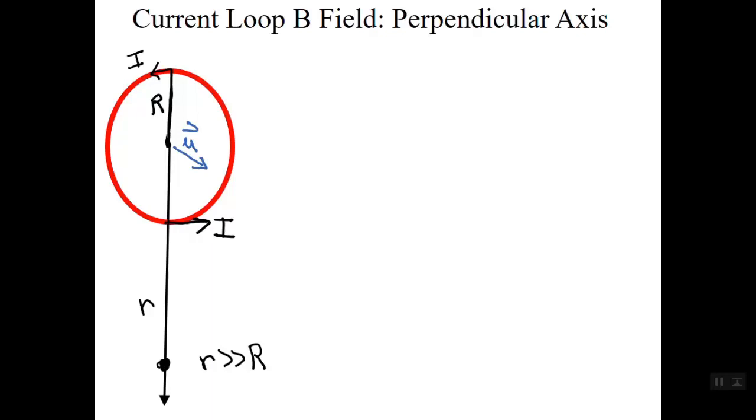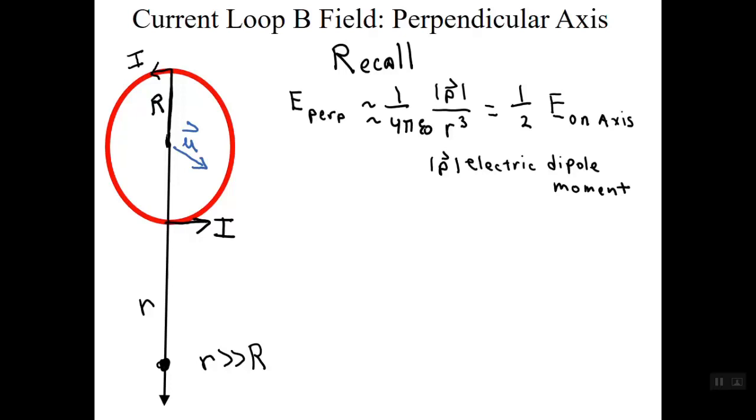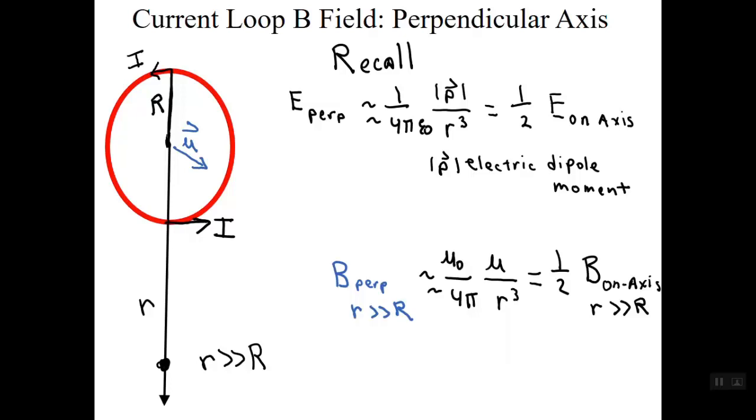Now let's remember in our earlier work on electric dipoles, we examined the field along similar perpendicular axes, an axis perpendicular to the electric dipole moment vector, vector P. And we found this result that at a given distance r from the dipole, E perpendicular is 1/2 the on-axis electric field. It turns out something similar happens for magnetic dipoles.